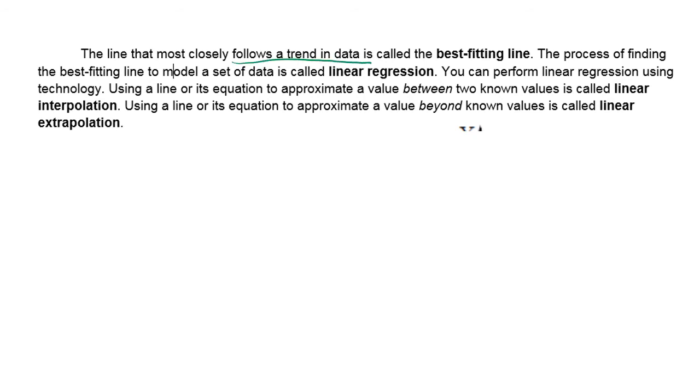The whole process of best fitting line is called linear regression. We can perform linear regression using technology. We will use calculators. Using a line or its equation, we can approximate the values between two known values or values that are not within the range of the x values.